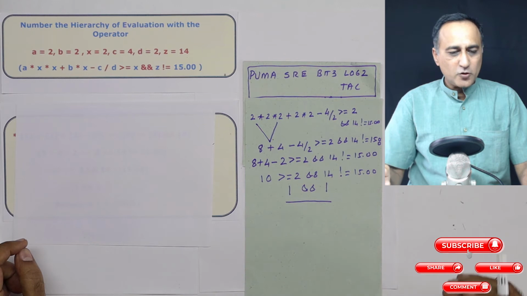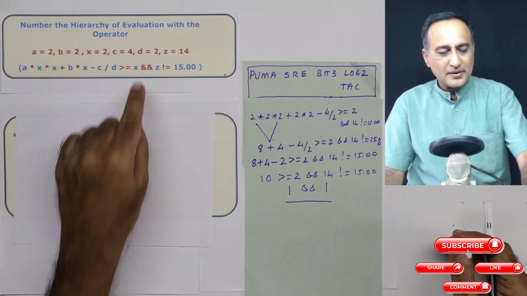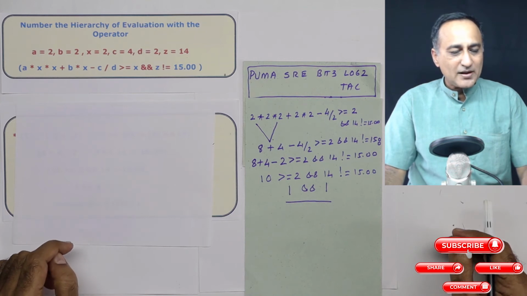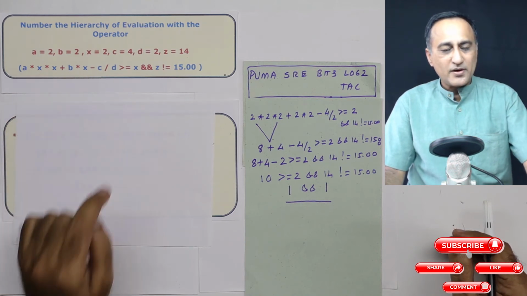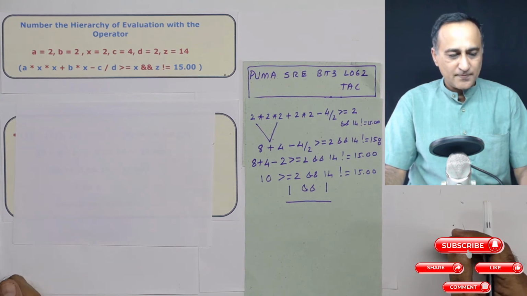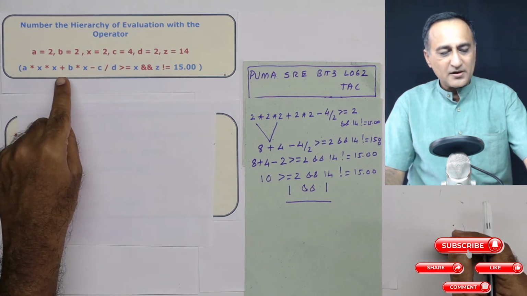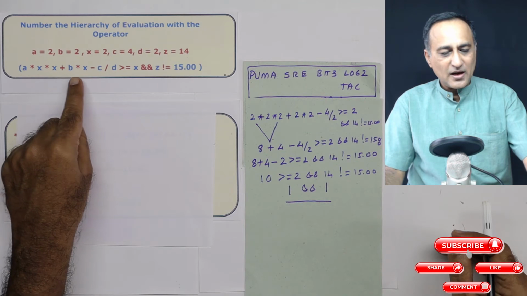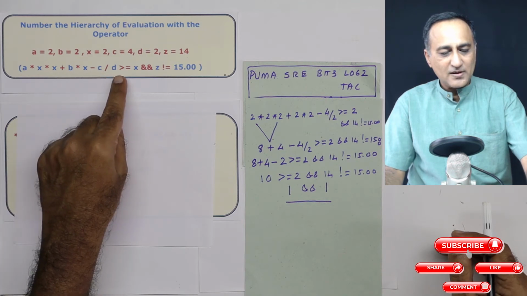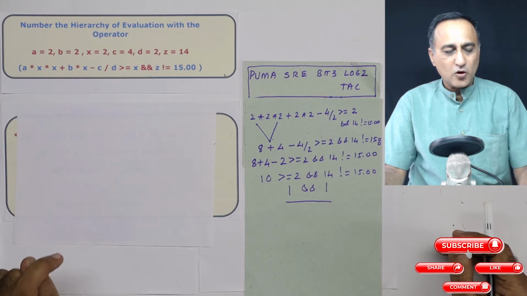I am required to tell which operators get evaluated first, which get evaluated second, third, fourth, fifth, and so on. Here I have a multiplication operator, an addition operator, subtraction, division, a relational operator, the logical and operator and the not equal to operator.